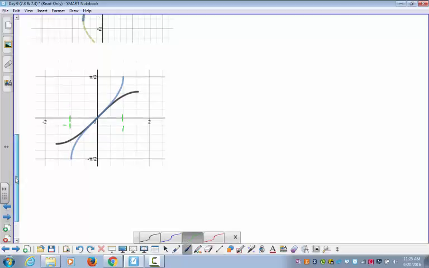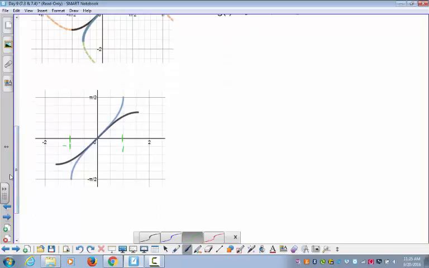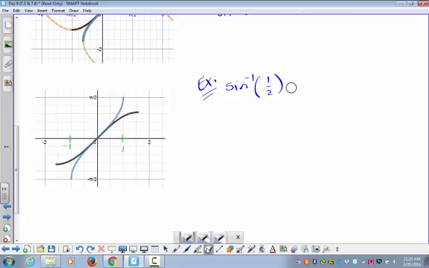All right, so let's do an example. Inverse sine of 1/2. So what you're saying to yourself when you see this, you're saying, what angle between -pi over 2 and pi over 2 has a sine value of 1/2? And we're restricting ourselves.